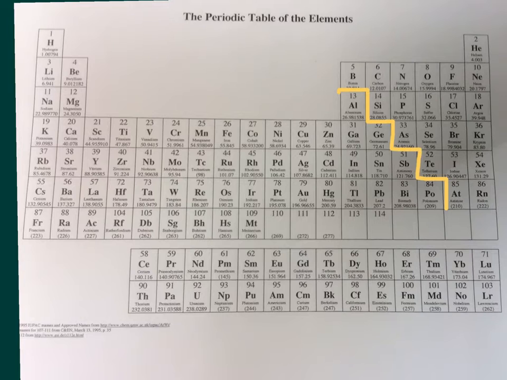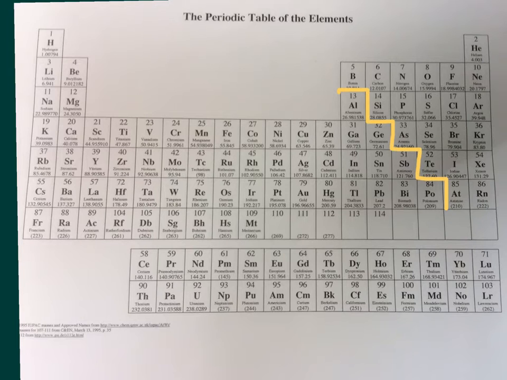Does this stair step cut the periodic table in half? Not even remotely close to half, right? What fraction would you give it? A fifth, an eighth, a fourth, a third, a third and 2/3. 2/3 on the left, a third on the right.